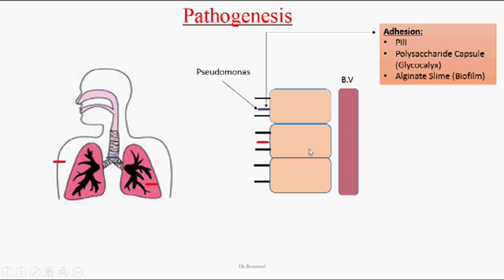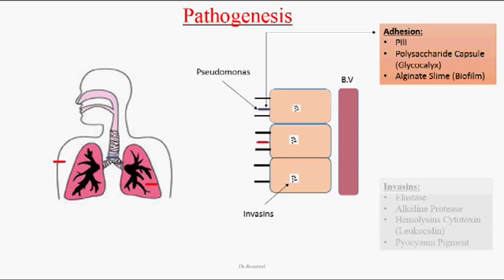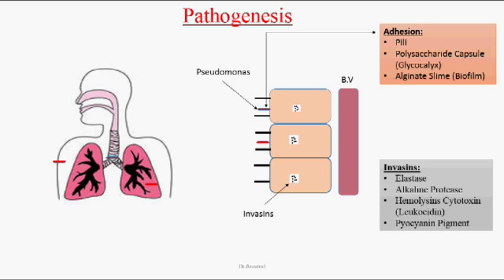Once they attach to the epithelial cell, they secrete invasins. The invasins are elastase, alkaline protease, hemolysins, cytotoxins and pigments, pyocyanin and pyoverdin pigments. Because of all these materials, these organisms can inhibit phagocytosis, antibiotic activity, antibody activity, and complement activity.